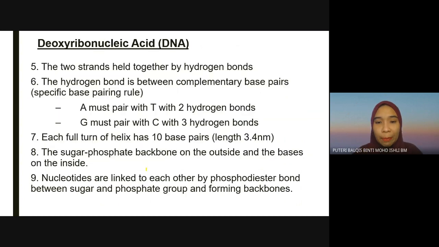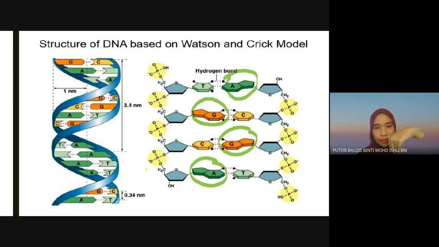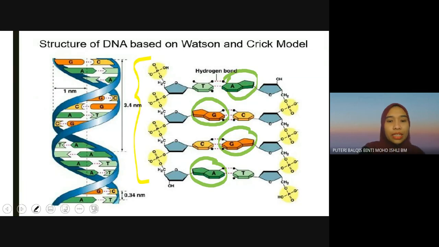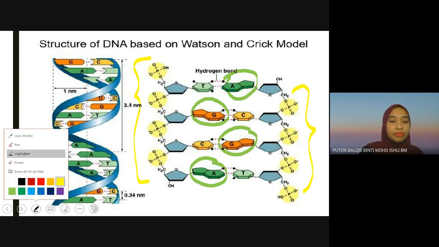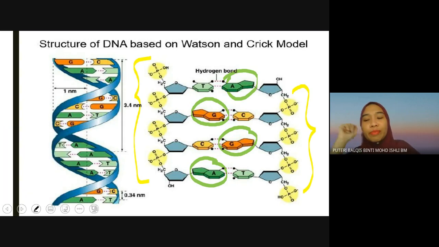Apa maksud anti-parallel? Dia terbalik. Okay, as you can see in this diagram, phosphate dia pointed ke atas. Sebelah sini, phosphate dia pointed ke bawah.